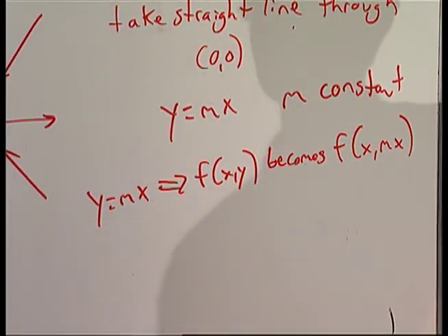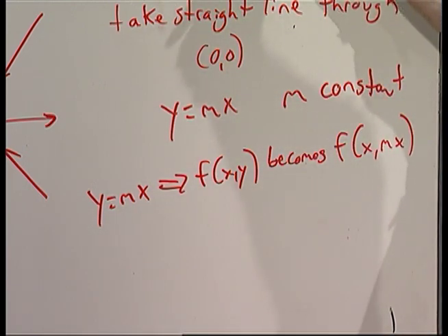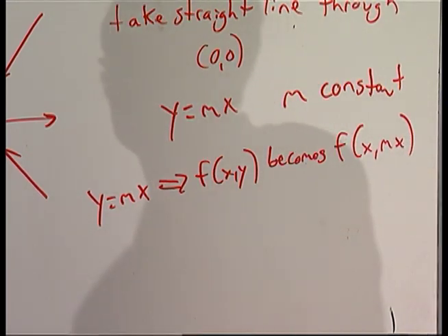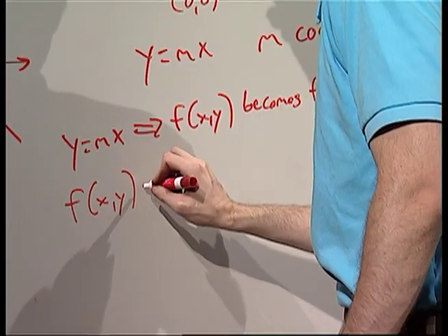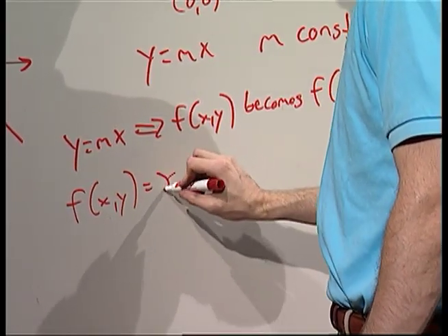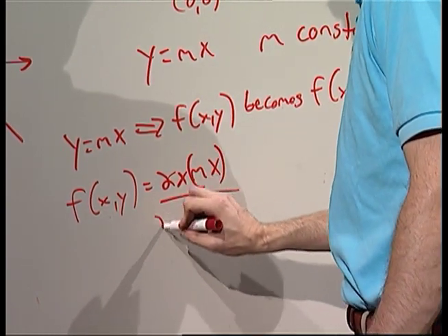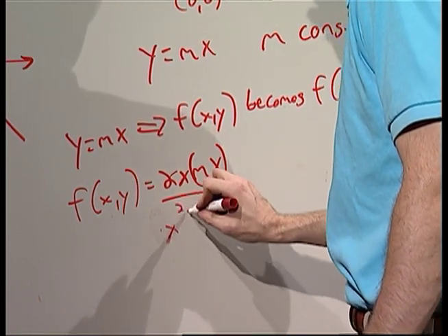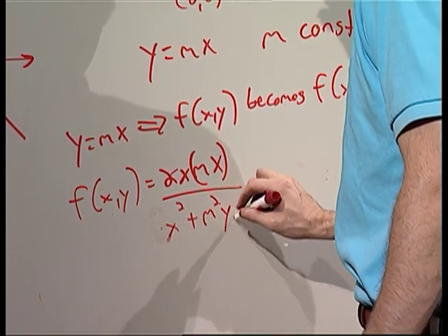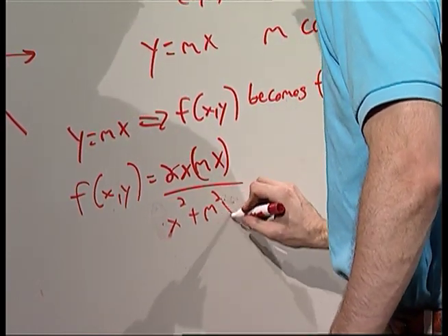Therefore, the one point I don't care about here is (0,0). I'm always in this part of things. So that means f of (x,y) becomes 2x times mx over x squared plus m squared x squared.